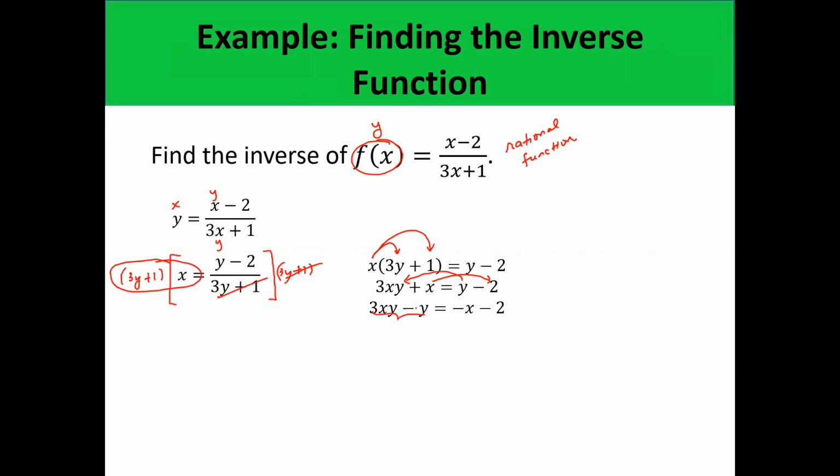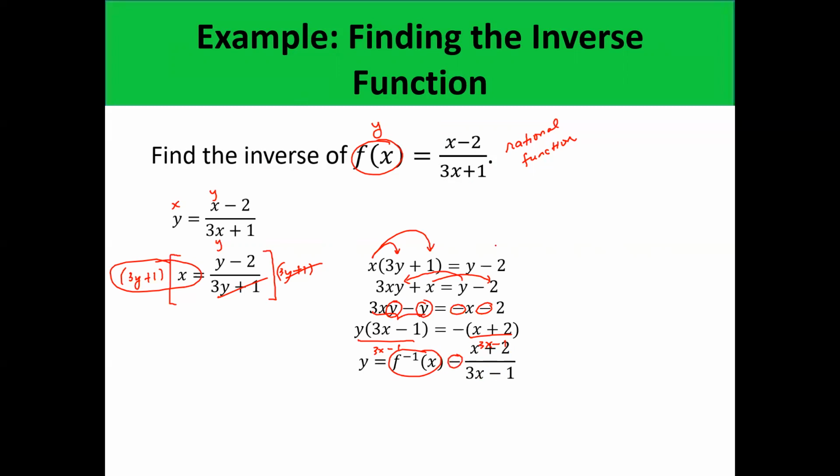In the left side, we can factor out y. And here also we can factor out the negative 1. So that's why we have y times (3x - 1) = -(x + 2). Dividing by 3x - 1, we get the inverse function, which is -(x + 2)/(3x - 1).